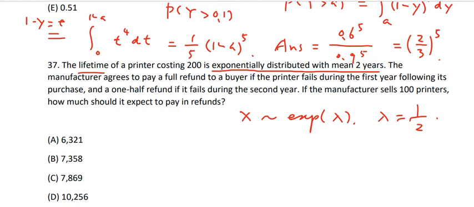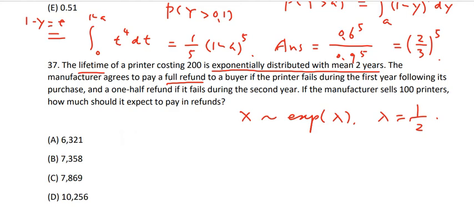So the manufacturer agrees to pay a full refund. So pay how much? 200, right? Pay a full refund if it fails in the first year.